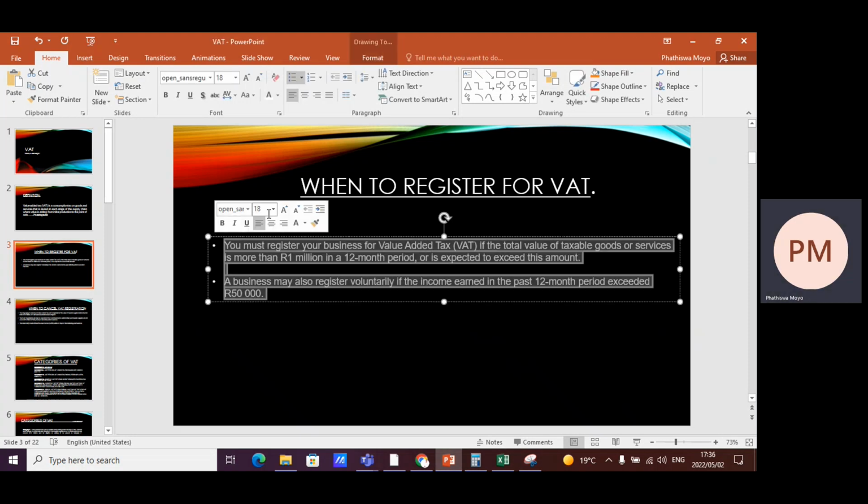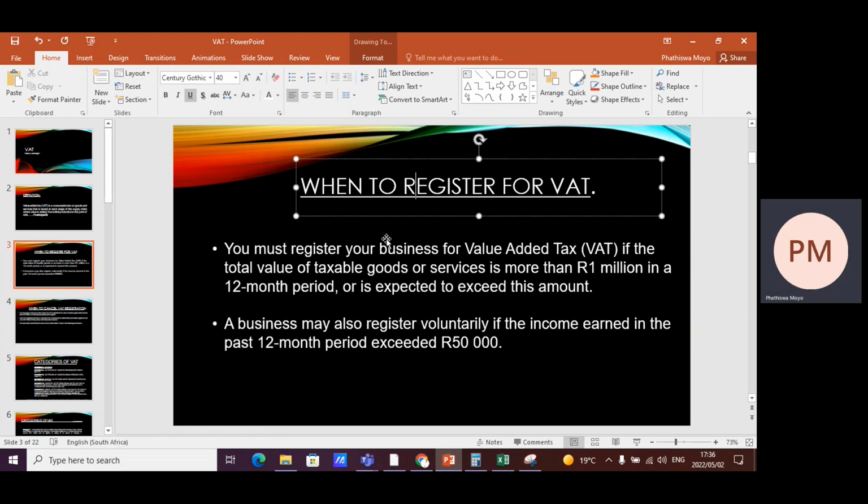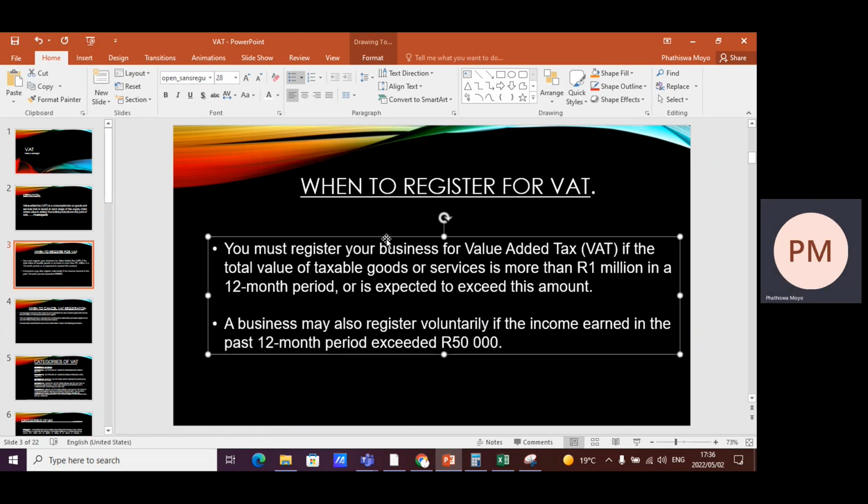When to register for VAT? A business registers for VAT in South Africa once their taxable supply is close to or above a million in a 12-month period.